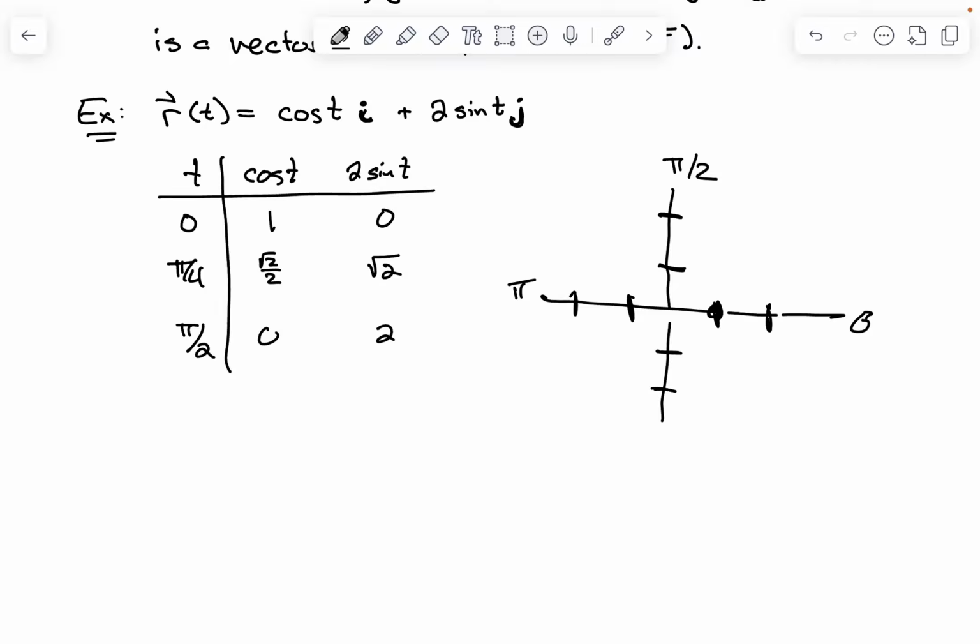So that's here. And then root 2 over 2, that's like 0.7, and root 2 is like 1.4, and then 0, 2. So we get this. And if we plot the rest of this, it would look like this. And so our graph here is an ellipse, and it's moving in that direction.